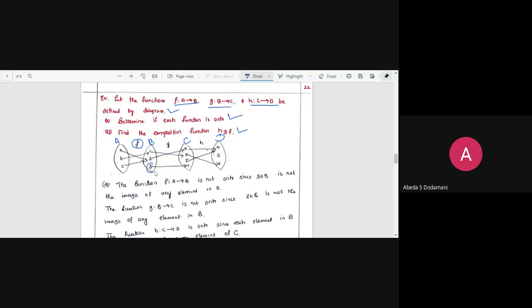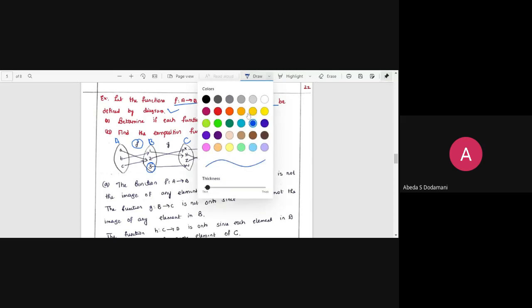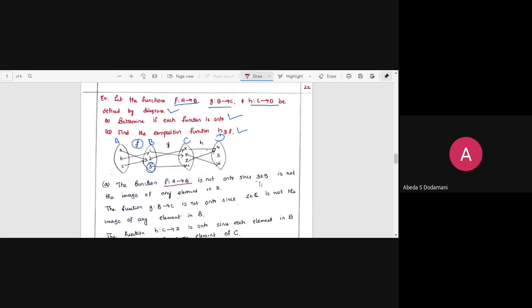Is there a pre-image for this element 3? No. So it's not an onto function. So here f from A to B is not an onto function. So we should say 3 belongs to B is not the image of any element in A.